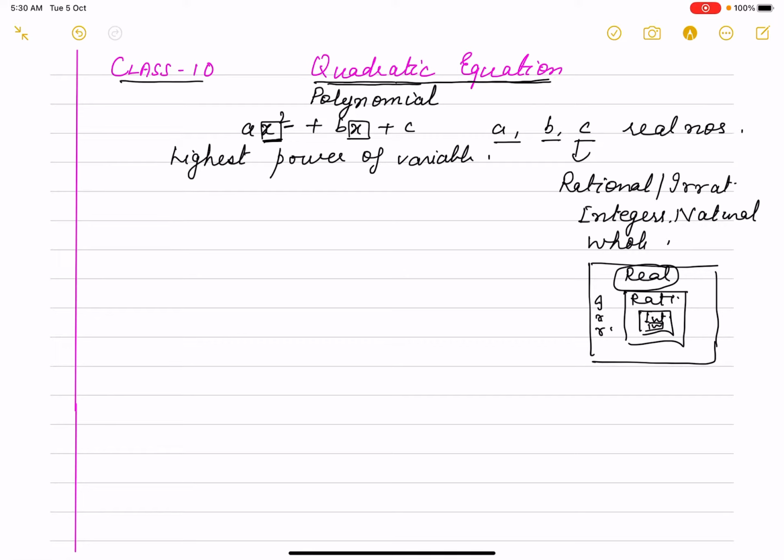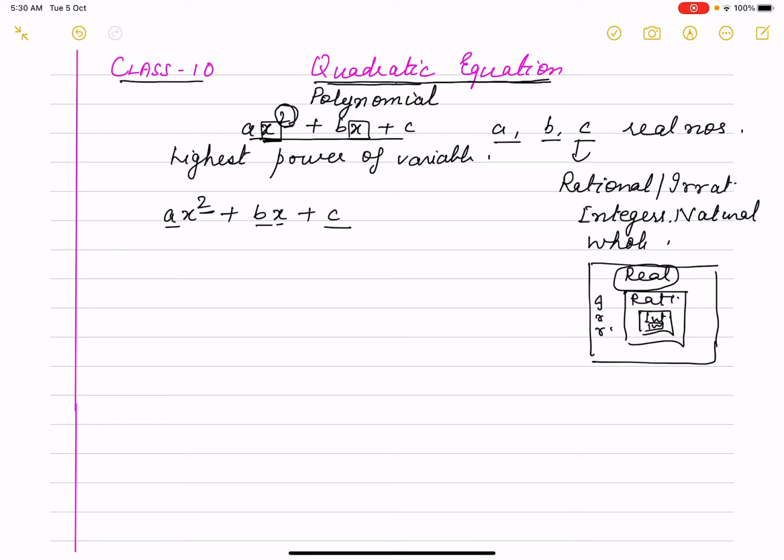So that is quadratic polynomial, where we have to see that the power of variable is a non-negative integer. So a, b, c are real numbers and powers of variables are non-negative integers.